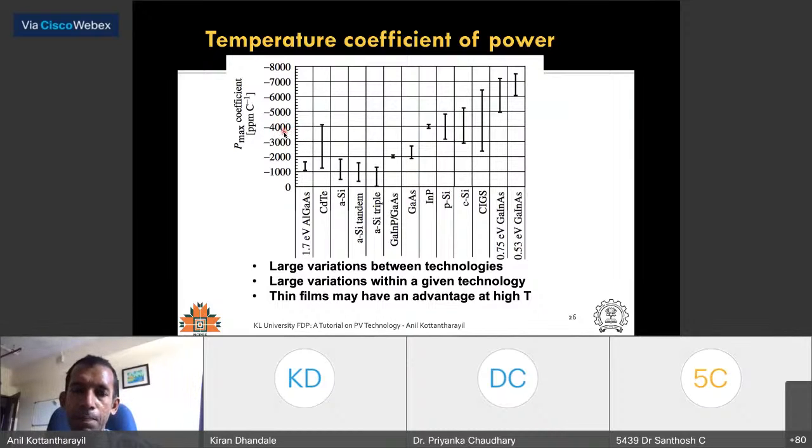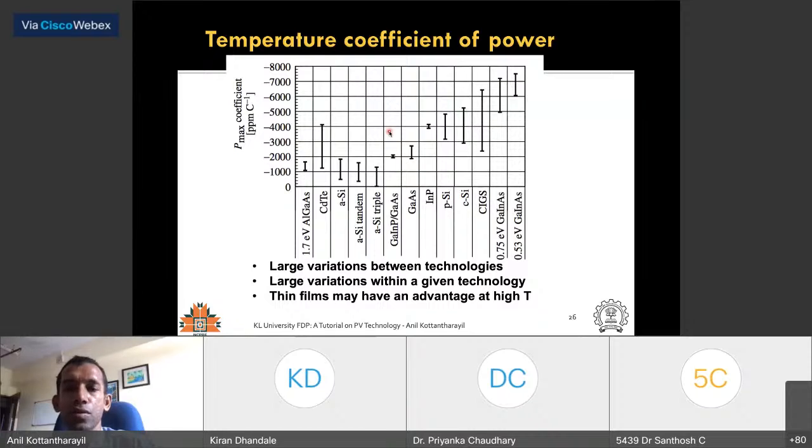Okay, so if you take a 100-watt photovoltaic module, that 100 watts is for 25 degrees centigrade. Let's say the outside temperature is 35 degrees centigrade, but when I place this in the sun, the temperature may go to 50 degrees centigrade, depending on the wind and various other parameters.